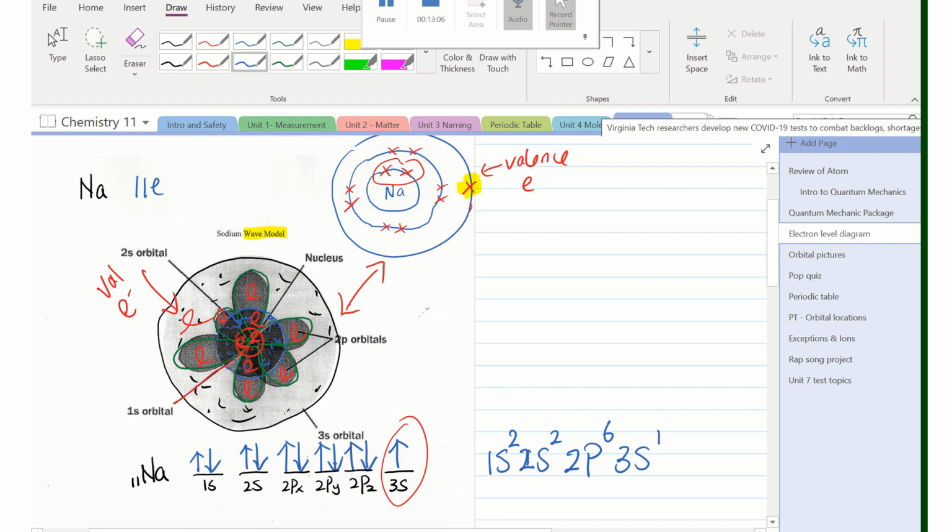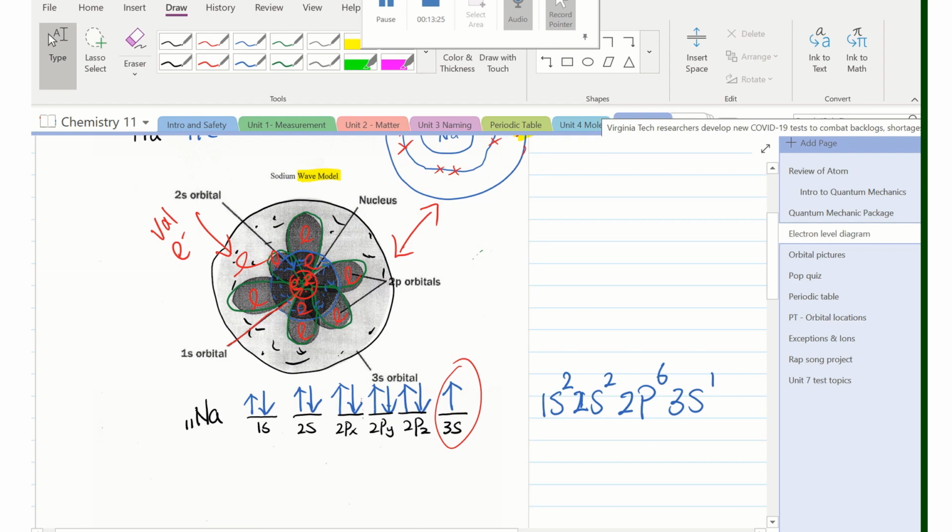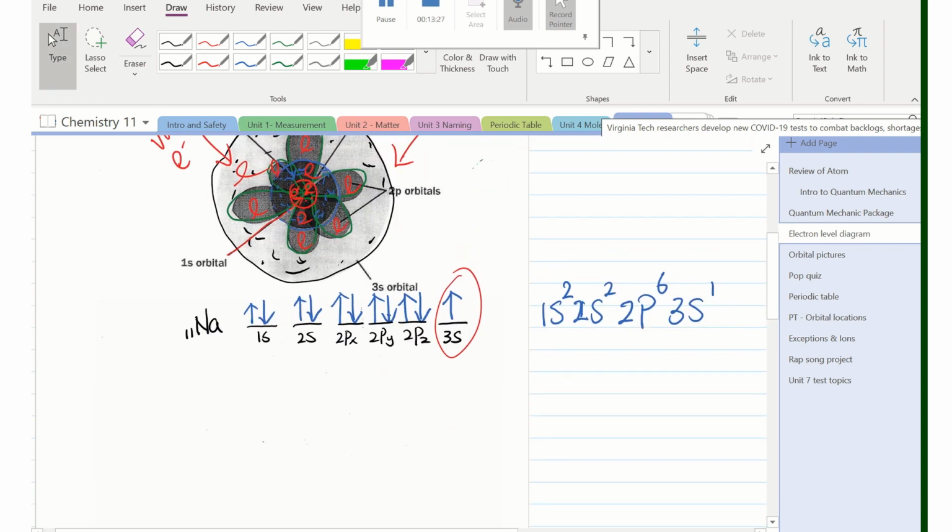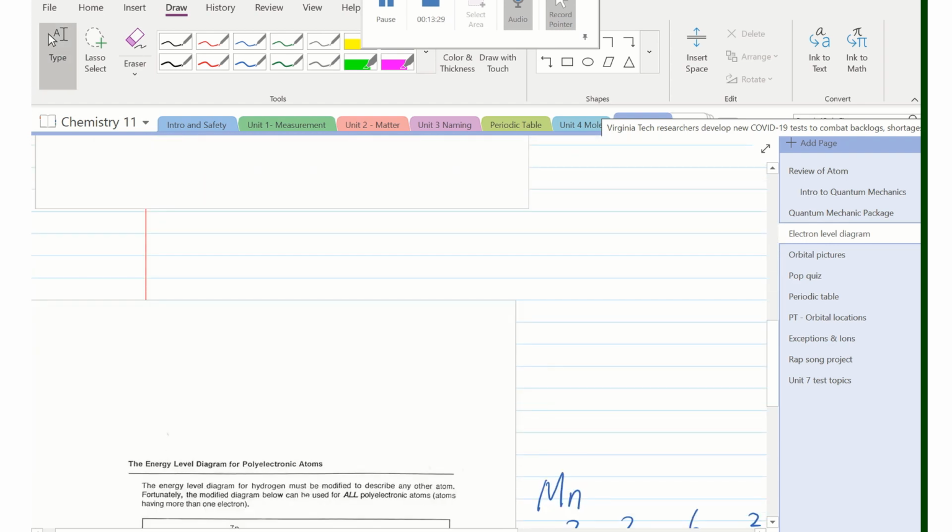This is called the condensed electron configuration. I do expect you to be able to either draw the arrows or do the condensed way. But today I will show you something even shorter to make your life a little bit easier.